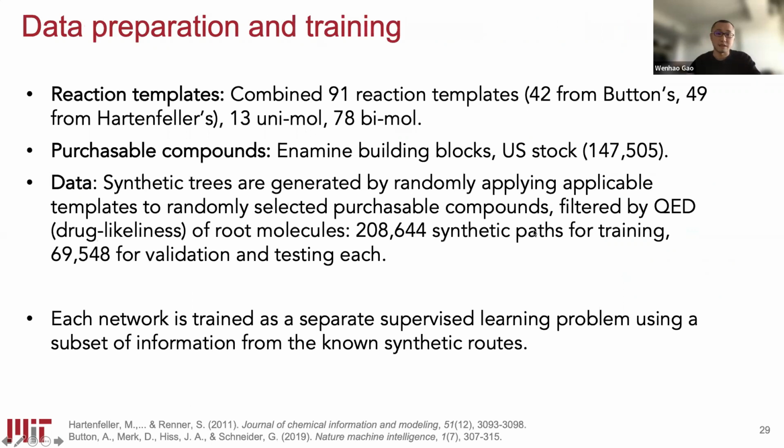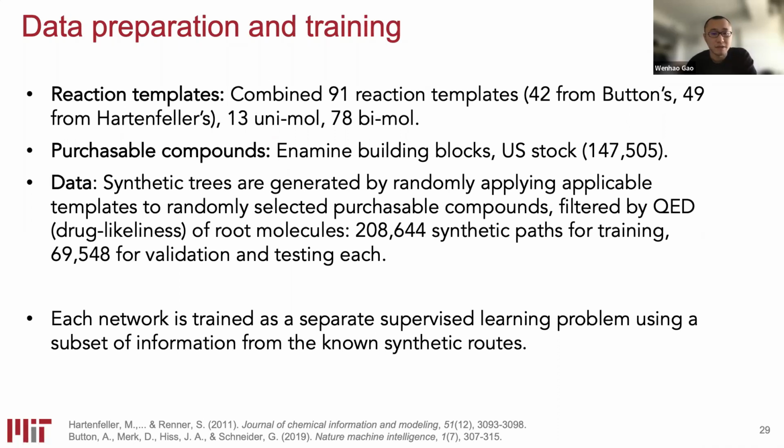For data, we manually selected 91 reaction templates from previous publications, comprising 13 unimolecular reactions and 78 bimolecular reactions. For purchasable compounds, we use the Enamine Building Blocks US stock as a list of purchasable compounds, about 150K.